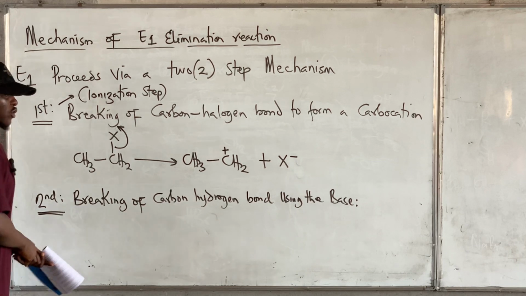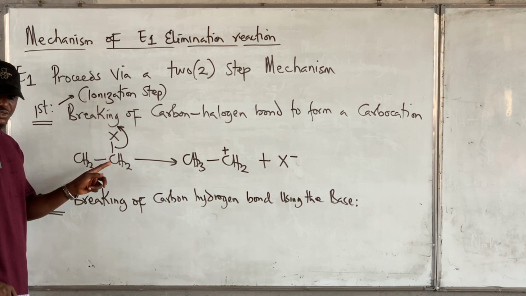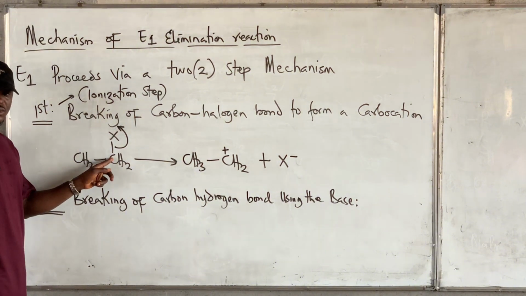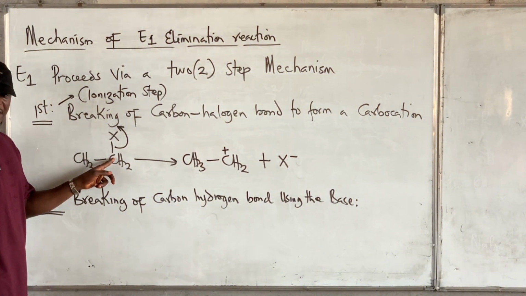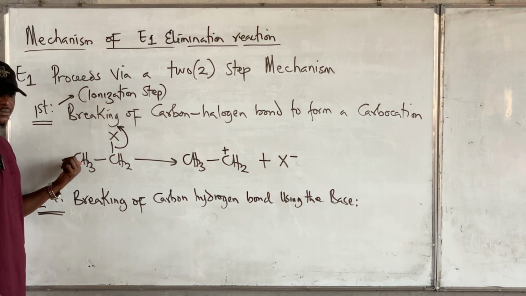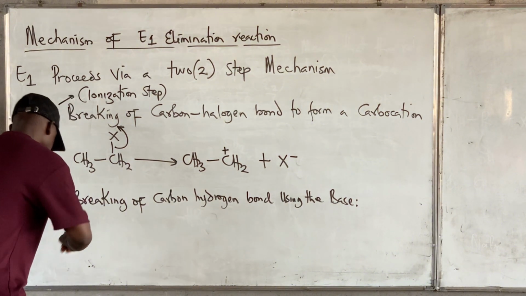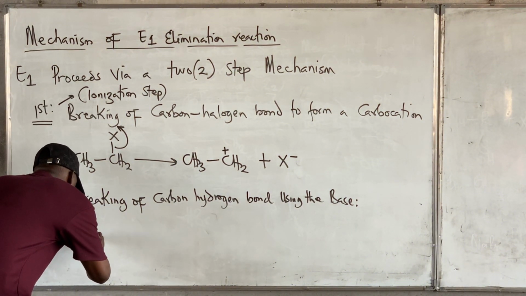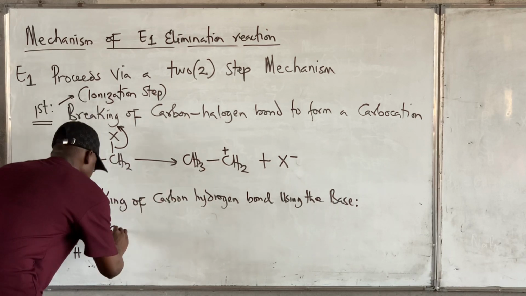So the hydrogen you're going to break out, listen, is always going to be the adjacent hydrogen, the one on the next carbon to this guy. You can't remove X from here and not remove H from here. If you remove X from here, the H has to come from the adjacent carbon. That's why it's a 1,2-elimination. So when you do that, this becomes CH2.